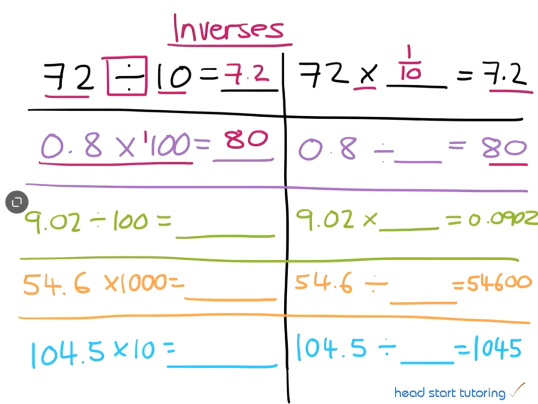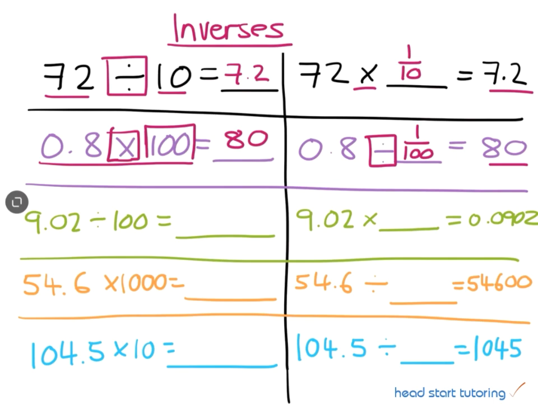Because we were timesing here and now we are dividing, it doesn't matter which way around we do it, as long as when your signs are opposite, so you've got times and divide, if you are using 100 for the one sign, then you use the inverse for the other sign, and you will then get the same answer. So the inverse of 100 is 1 over 100, and we get an answer of 80. So 0.8 divided by 1 over 100 is equal to 80.